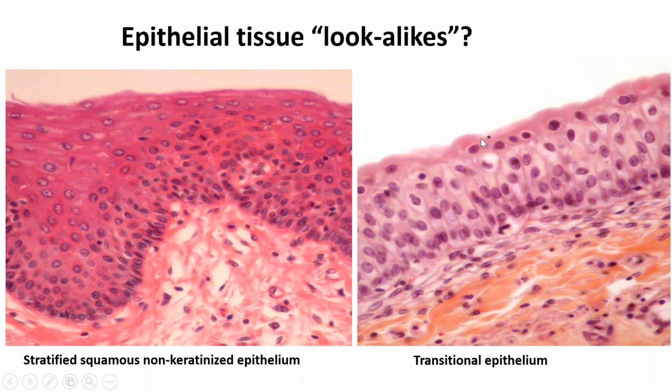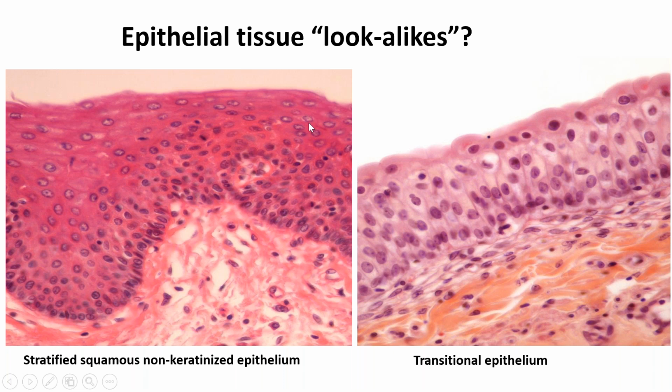But one of the things I want to point out is if we look, transitional epithelium in a relaxed, undistended state should have approximately 6 layers of cells. When it's distended, these dome cells are not going to be visible. So we're going to stretch from 6 layers to approximately 3 layers. And so then the question is, am I going to be able to distinguish distended transitional epithelium and stratified squamous non-keratinized epithelium?